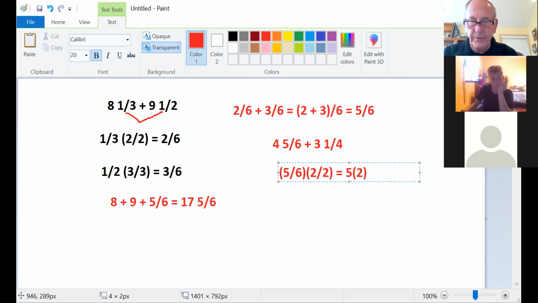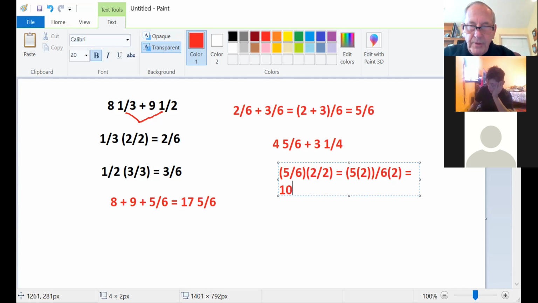So it'll be 5 times 2 over 6 times 2, right? So I've got 5 times 2 is 10, so it becomes 10 over 12, right? So we did all that work just so we could convert this 5/6 into 12s.